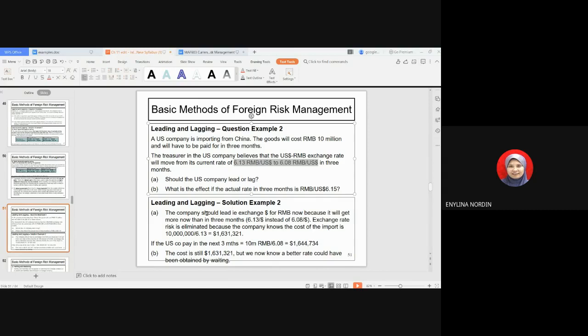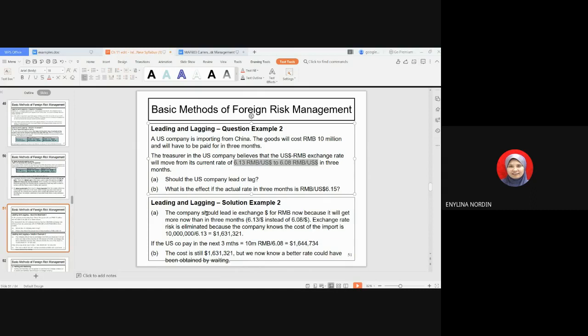Then the US company will adopt one of the strategies, which is the leading strategy, because it will be better off. That means the US company will pay as soon as possible and will pay at the current spot rate here, which is 6.13 RMB per dollar, instead of waiting until the next 3 months and then making payment.